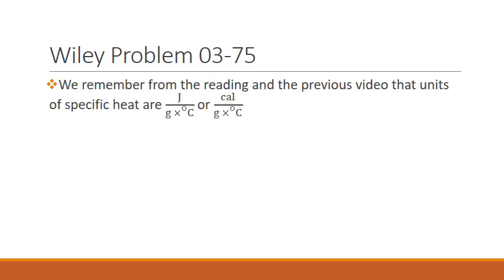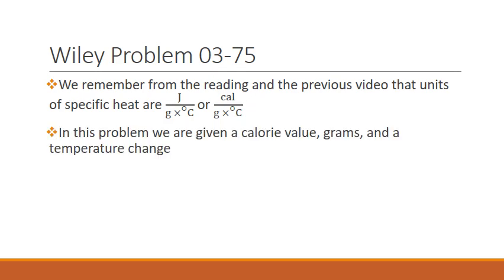We remember from the previous reading and the previous video that units of specific heat are either joules per gram degree C or calories per gram degree C. In this specific problem, we're given a calorie value, so we're going to use calories per gram degree C. That's what we will calculate.